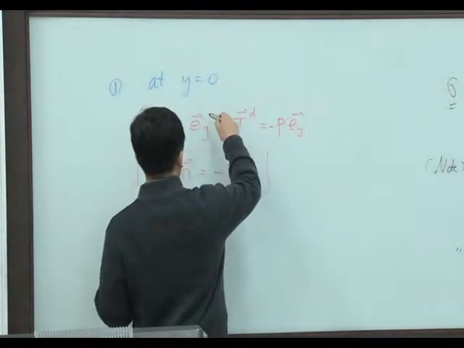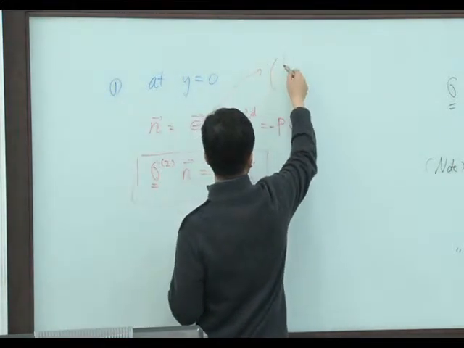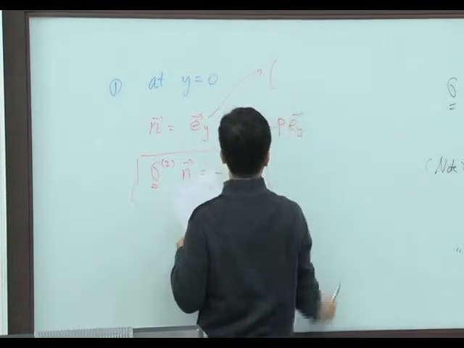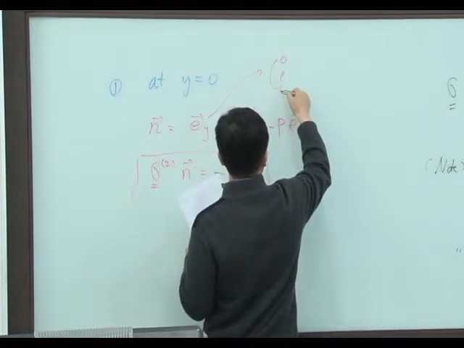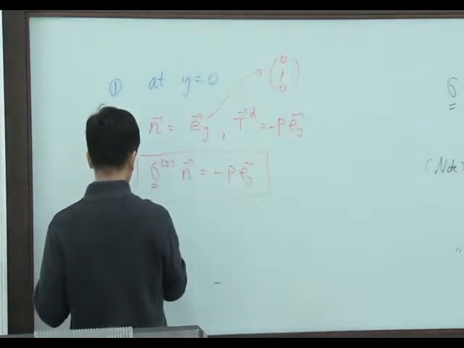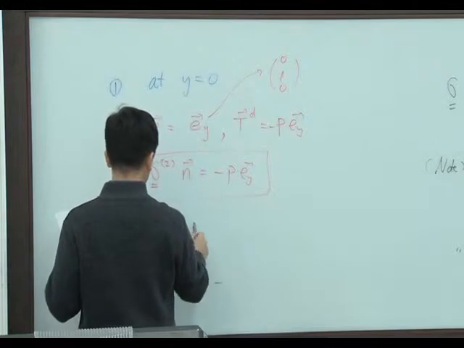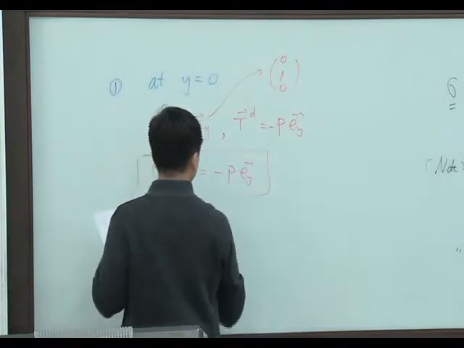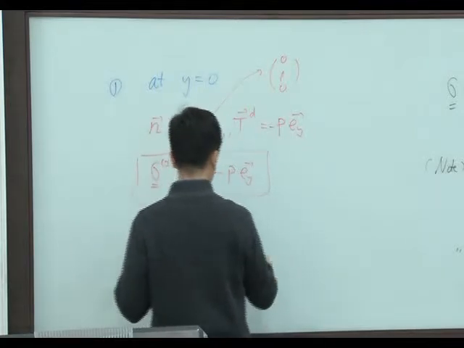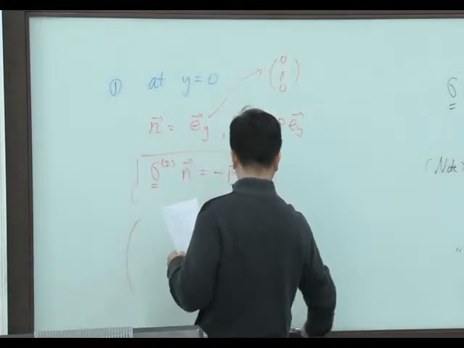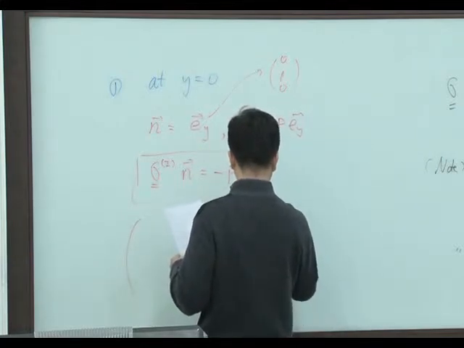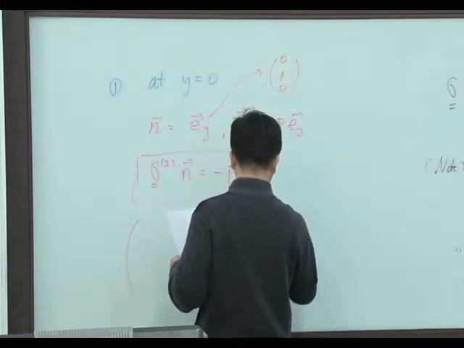So this is (0, 1, 0). So stress 1 times (0, 1, 0) equals (0, minus P, 0), right?